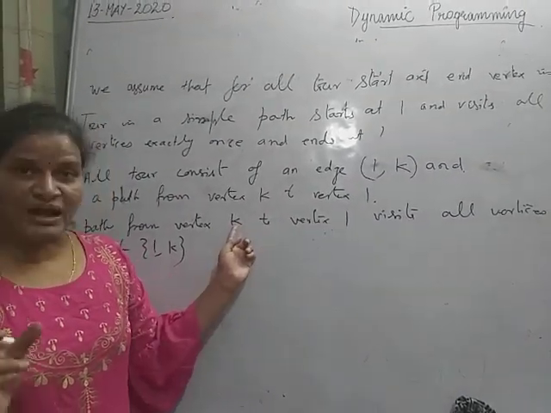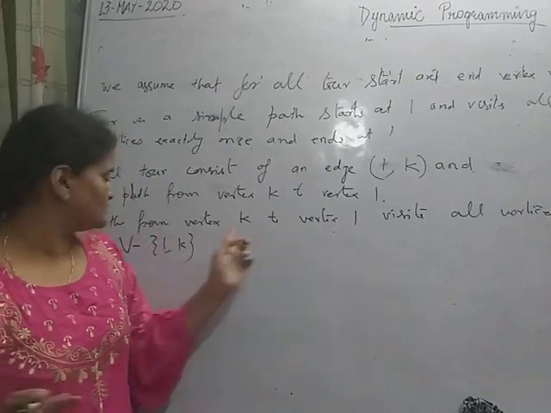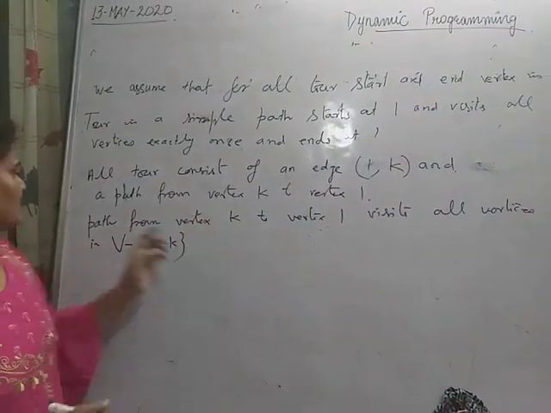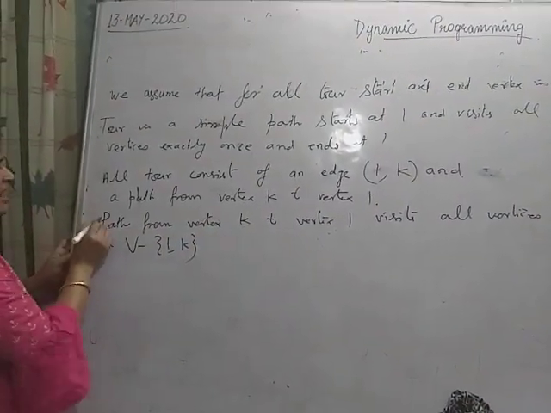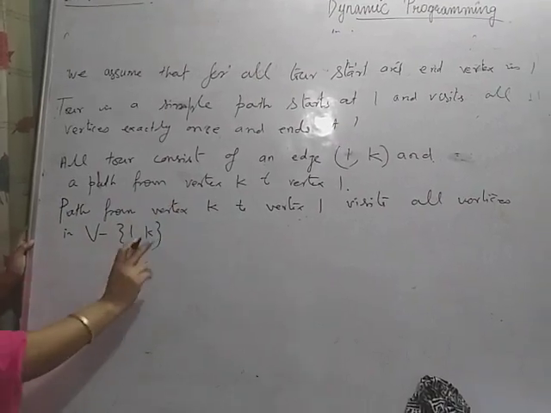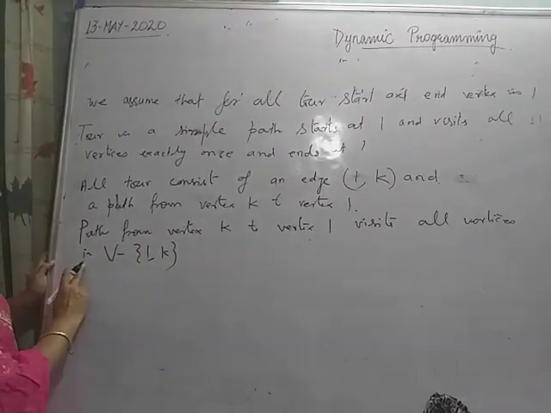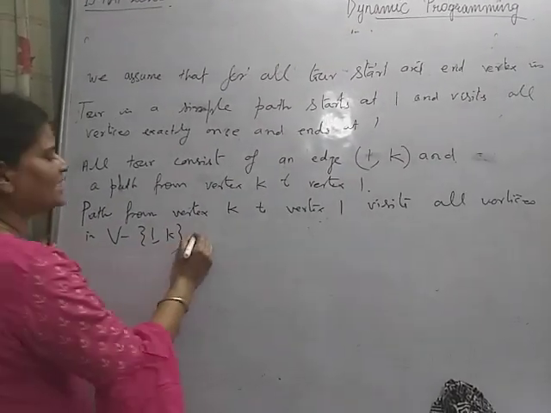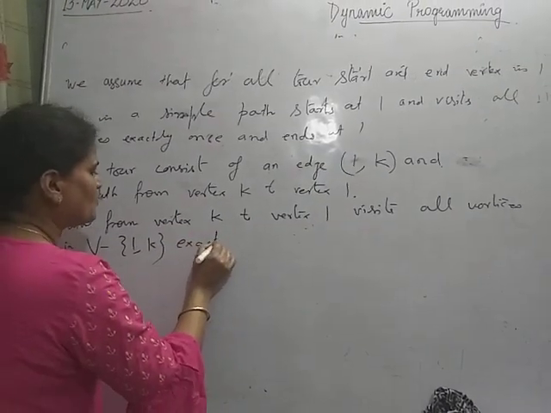So in that path, k will not be there and 1 will not be there. So the path from vertex k to vertex 1 visits all the vertices in V minus {1, k} exactly once.